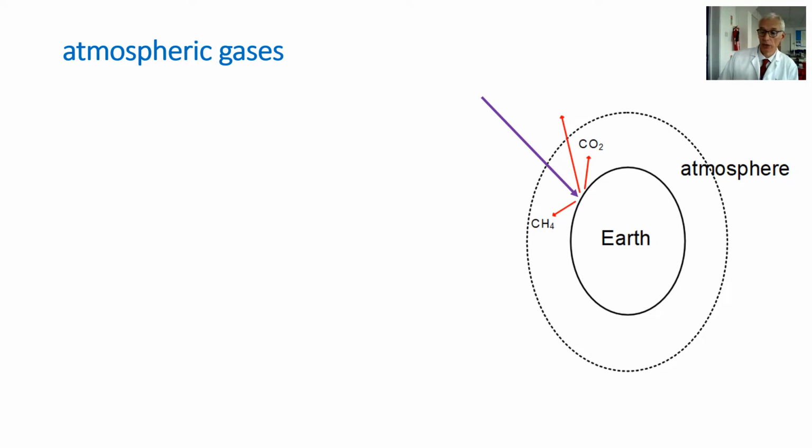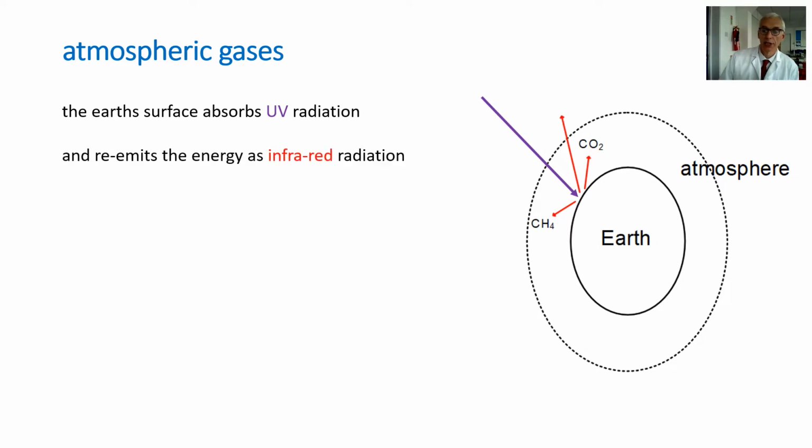Okay, so the explanation runs along the lines of the Earth's surface absorbing ultraviolet radiation from the Sun. That ultraviolet radiation passes through the Earth's atmosphere, but the Earth's surface then re-emits that energy as infrared radiation, and that infrared radiation is at a longer wavelength than the ultraviolet radiation, which is shorter and more energetic.